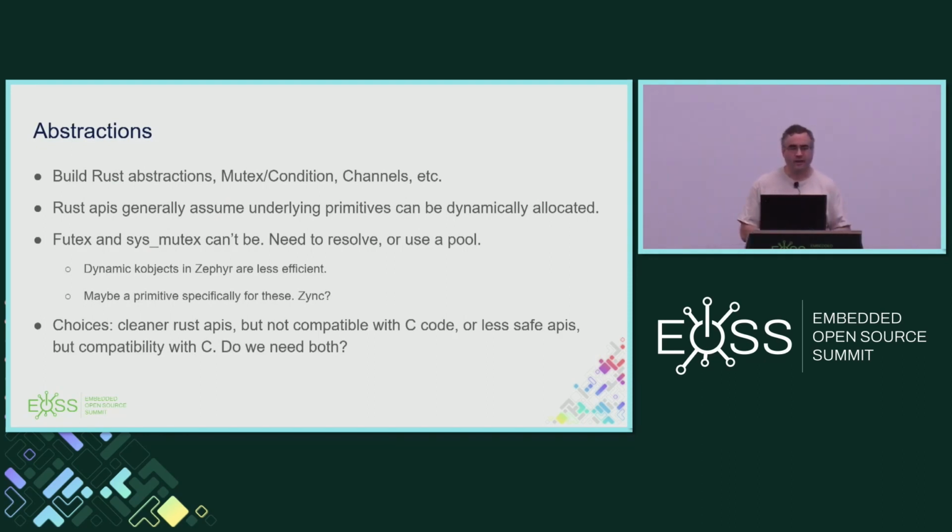In the Rust standard library and a bunch of support crates, there's something called parking lot, which is a cleaner implementation of communication channels. There's mutexes, mutices. I don't know quite what the right word for that is. But I want to build abstractions that look like the ones in standard.